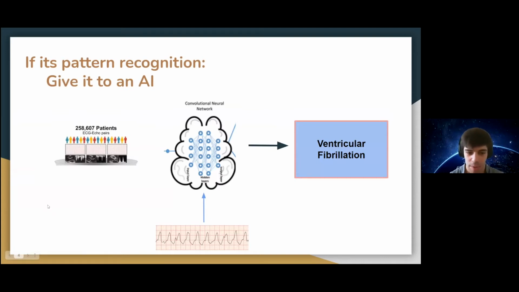Something that people are already trying to do is this study, which gives a huge database of labeled ECG and echo pairs to a CNN, a neural network, and this brain will then spit out its diagnosis.